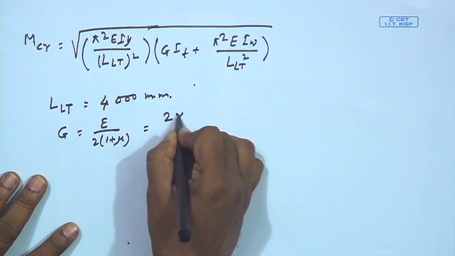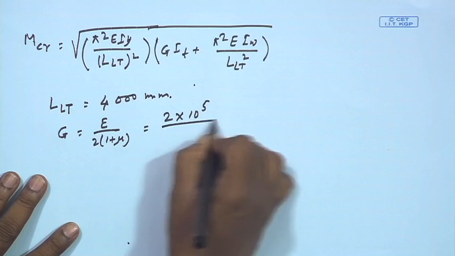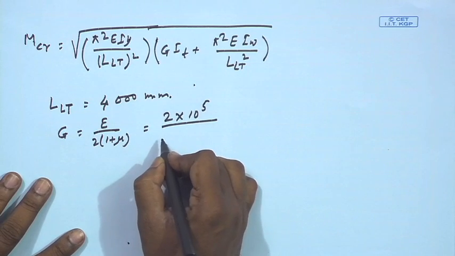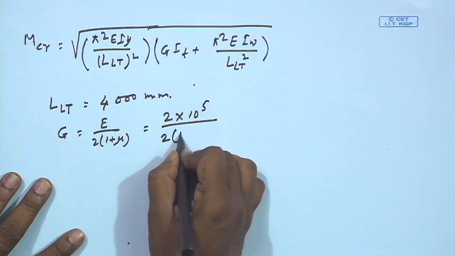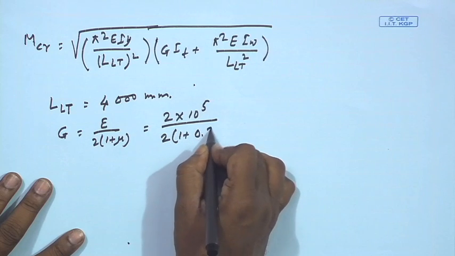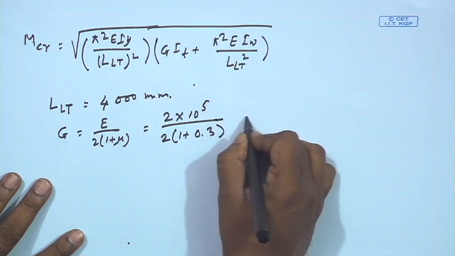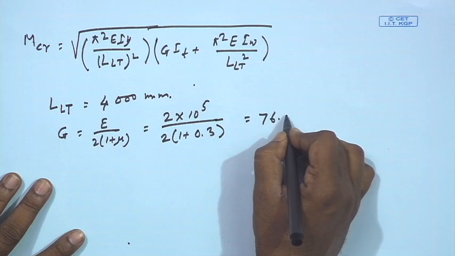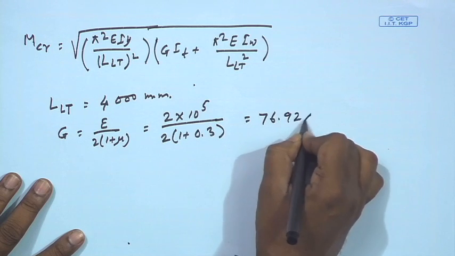E is 2 into 10 to the 5 Newton per millimeter square, and mu is the Poisson's ratio for steel, which we consider as 0.3. After calculating, we find the shear modulus as 76.92 into 10 cube.